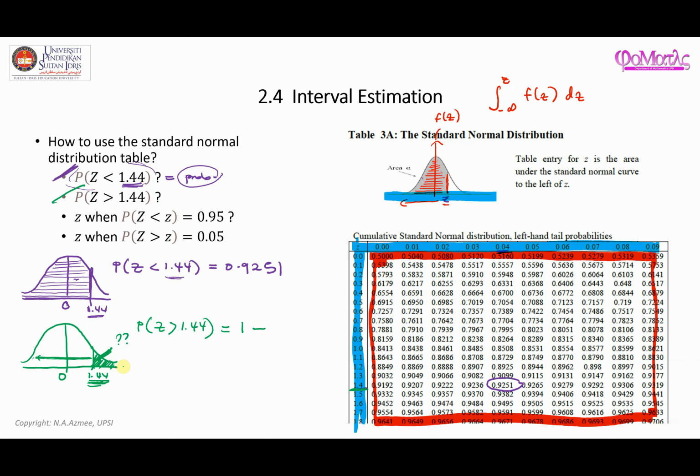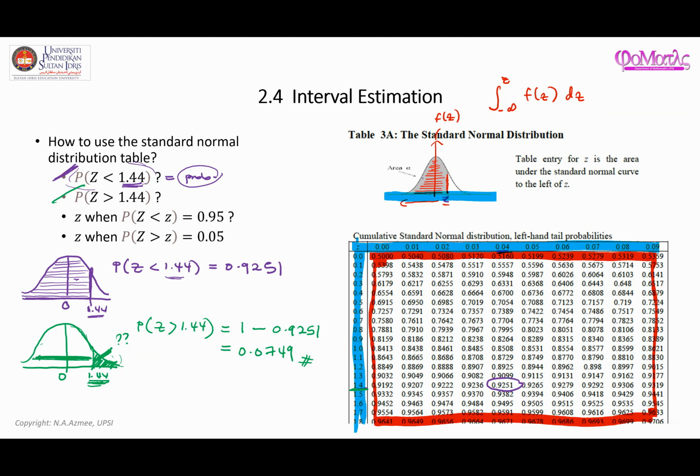Because we know that the total area under the curve is equal to 1. So 1 minus 0.9251, and the answer is going to be 0.0749. We need to do a little bit of manipulation to get the correct answer.